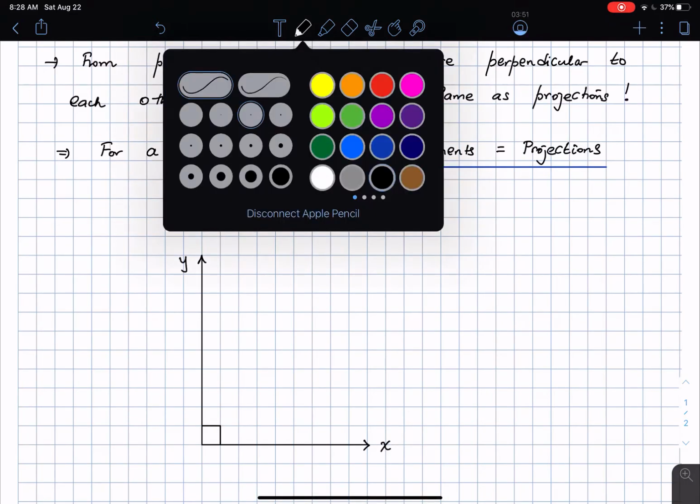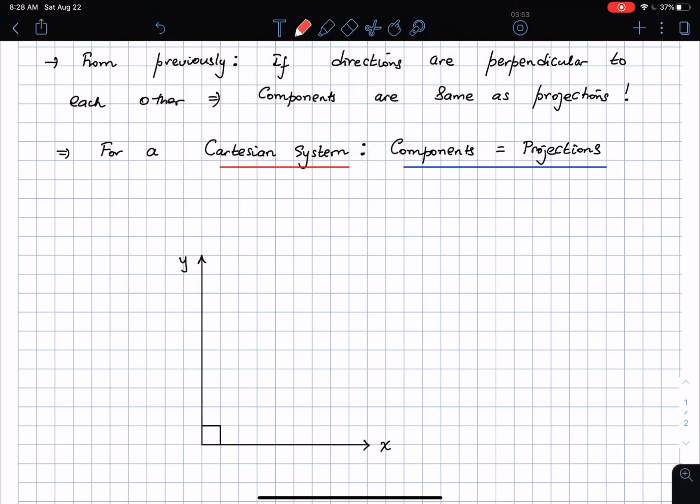Okay, now I'm going to take a force. So here is the force, and the magnitude of this force is capital F. First of all, the force vector itself is vector F. So given the magnitude of F is F, that's one thing that's given, and also the angle made by this force vector with one of the axes is given to us.